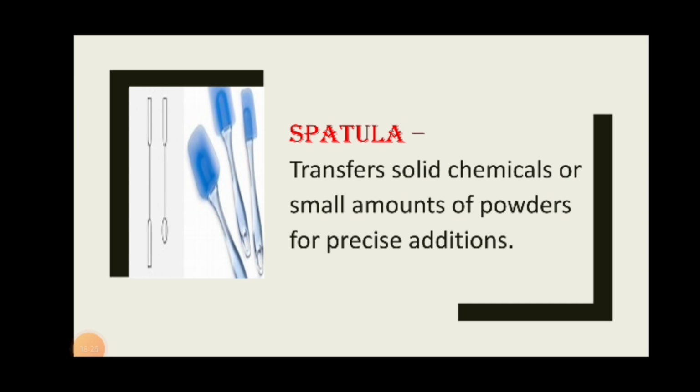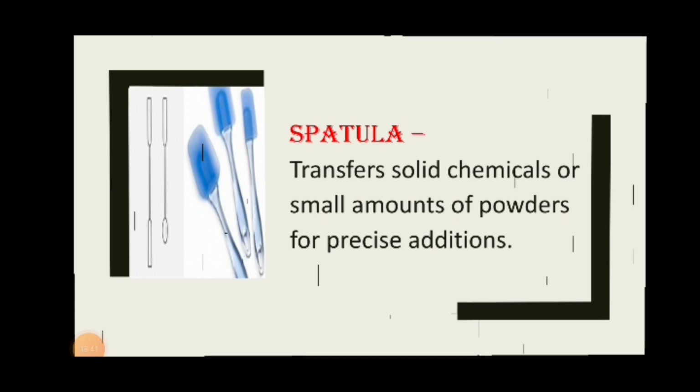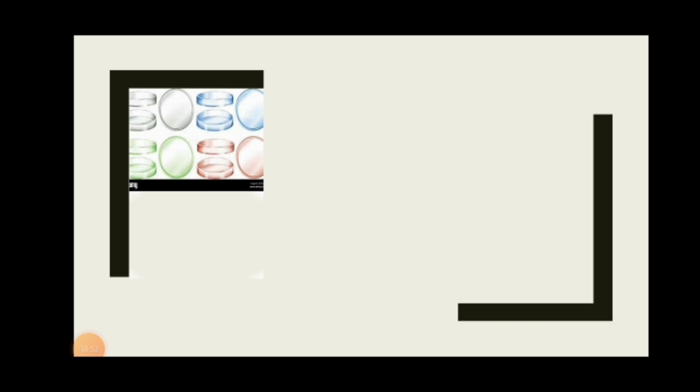So depende ang spatula on its level of usage. Meron ding spatula na tinatawag for baking, iba yung hitsura nila, and then for laboratory spatula. But anyway, the purpose for that is to transfer solid chemicals or small amounts of powder for precise additions. And actually, other term is kutsara, you know, but in laboratory, when you are dealing with that, you use the word spatula.